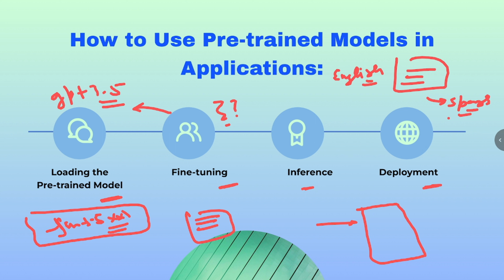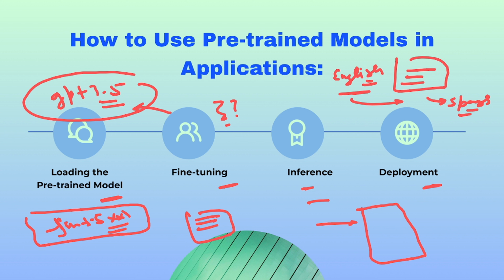So this can be easily done. You can just use a pre-trained model like GPT 3.5. Whatever input you have in English, just pass it to GPT 3.5 turbo. It will summarize it and translate it. Because this is a very general task, the machine already knows about English to Spanish translation, so it can easily do it. Summarization, it can easily do too.